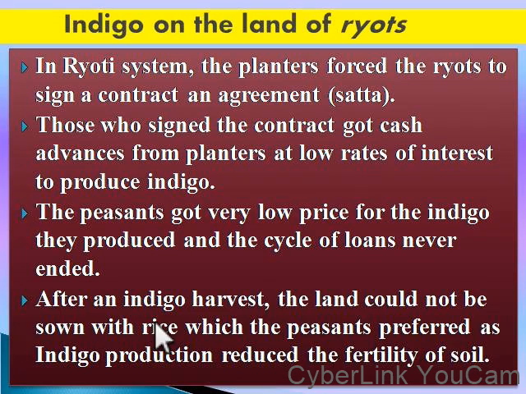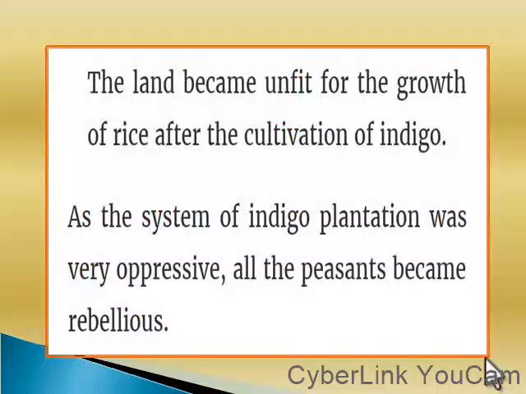After an indigo harvest, the land could not be sown with rice, which the peasants preferred, as indigo production reduced the fertility of the land. Thus, the land became unfit for the growth of rice after the cultivation of indigo.